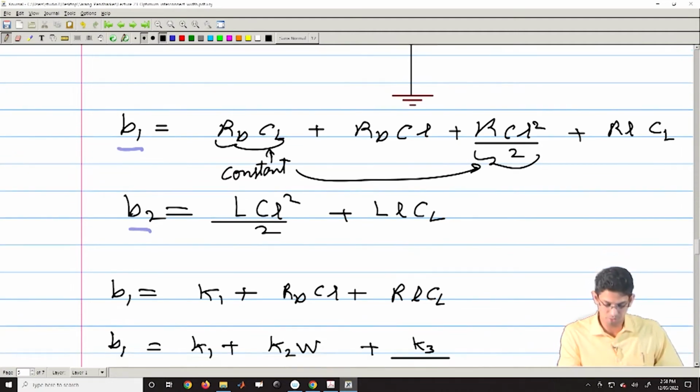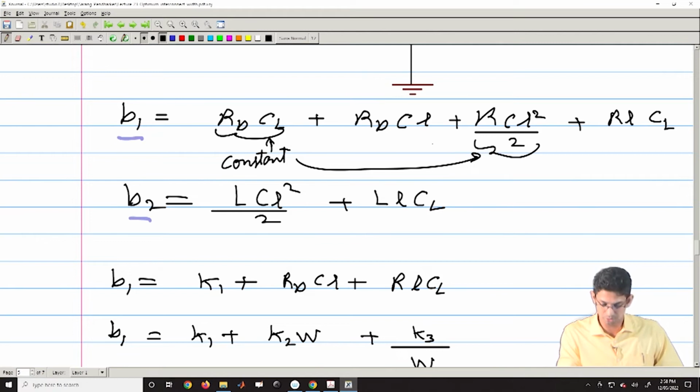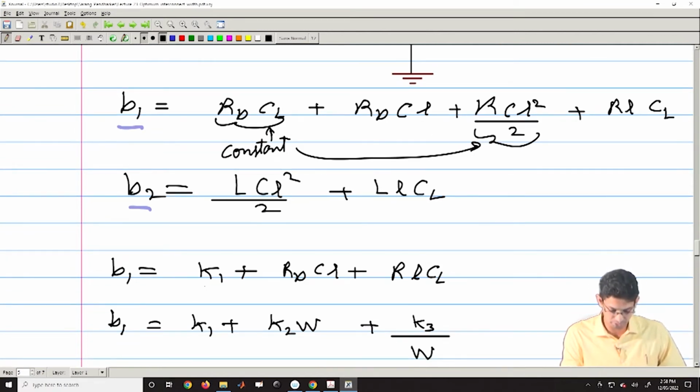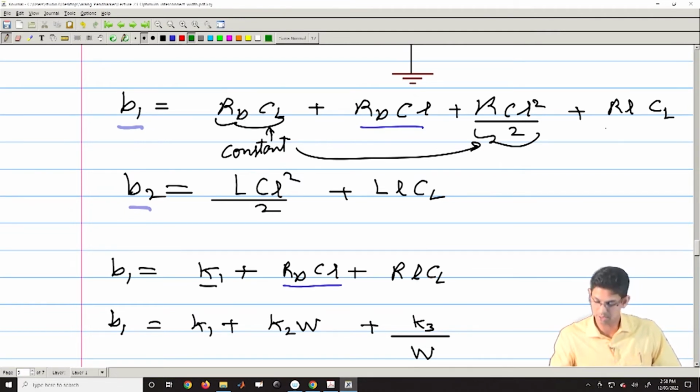So, if I want to replace this with a constant, I can say that my B1 has some constant K1. K1 now represents these terms, plus there is this RD into CL term, and then RL into CL.